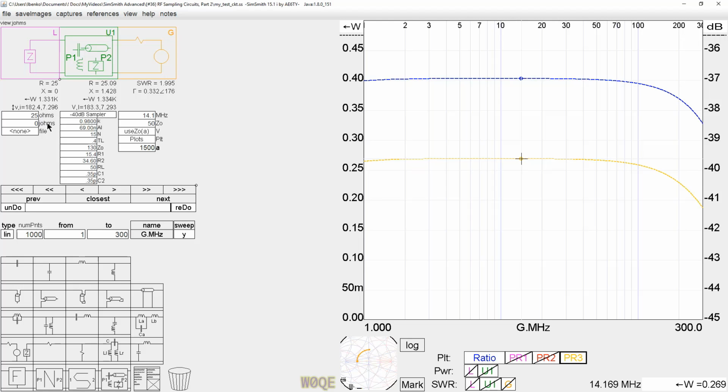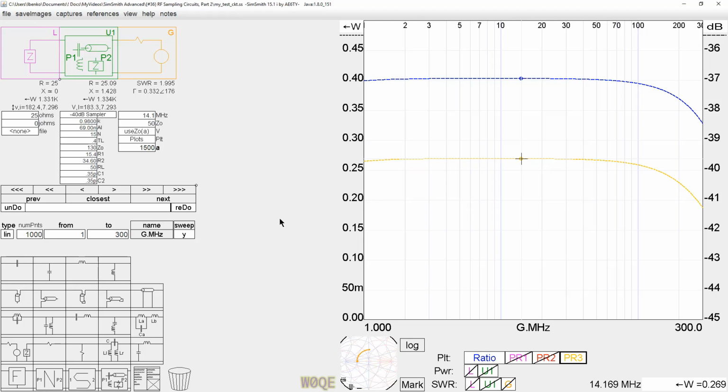Effectively, if you say current squared is proportional to power, then that would be our 4x difference in power that we measured. All voltage samplers, all current samplers will have the same problem. A power sampler measures, or samples, both voltage and current, and it would report a number close to 1331 for all impedances that were a 2-to-1 SWR.